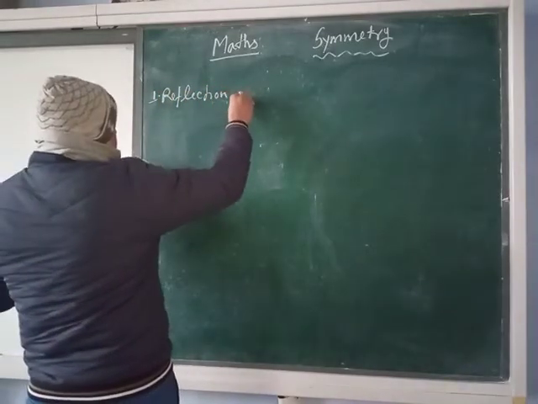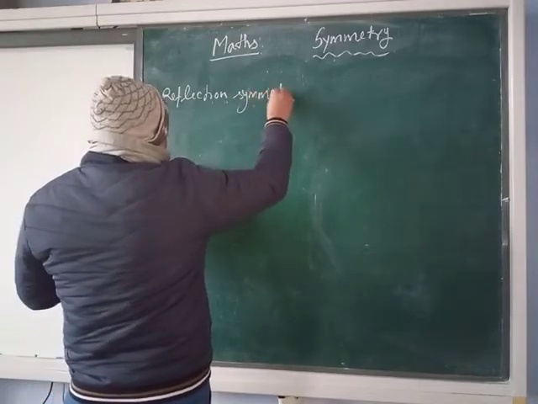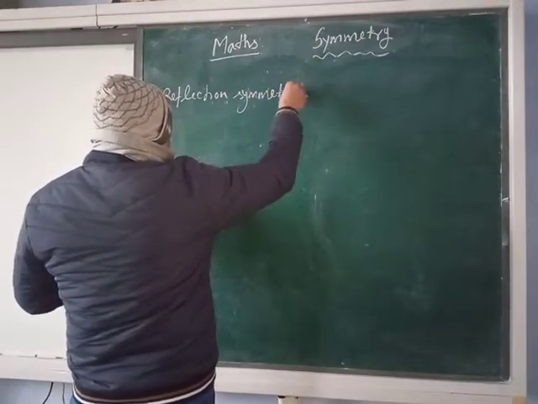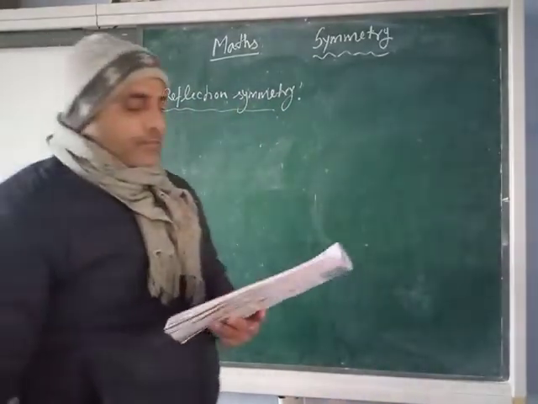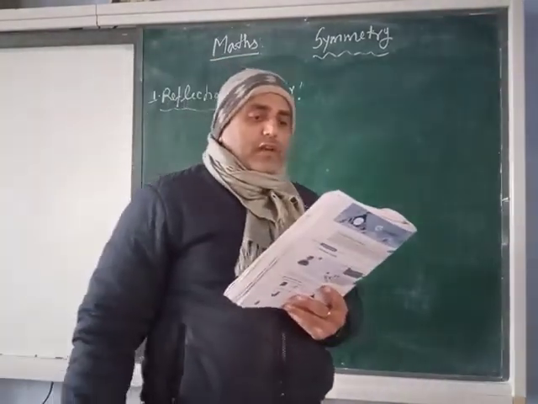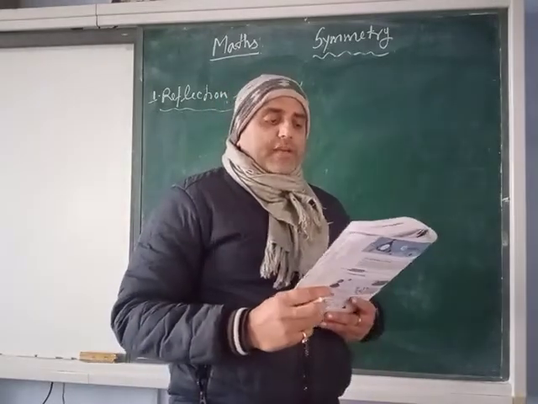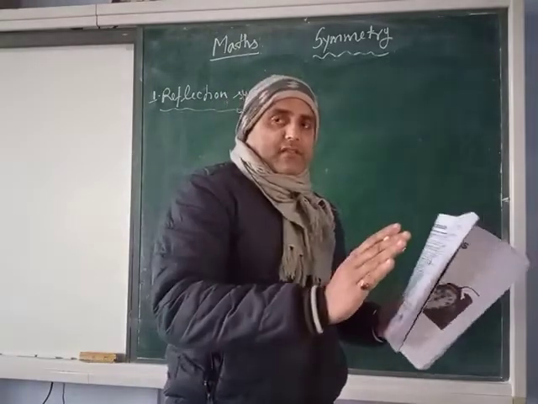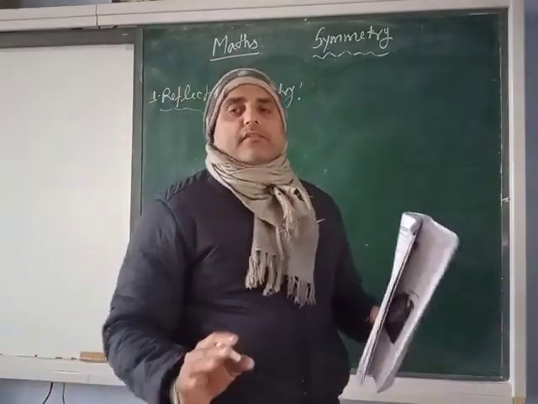Reflection symmetry. It is given that it is a type of symmetry in which one half of the figure is the mirror image of the other. Means both are the same.